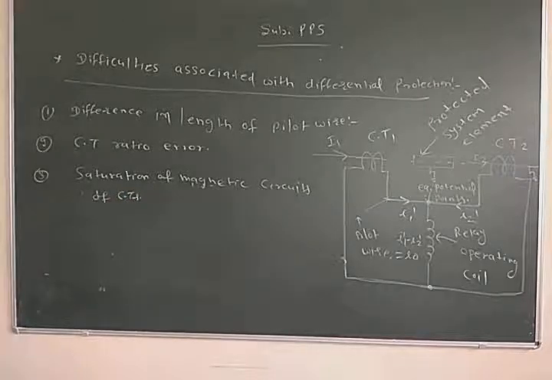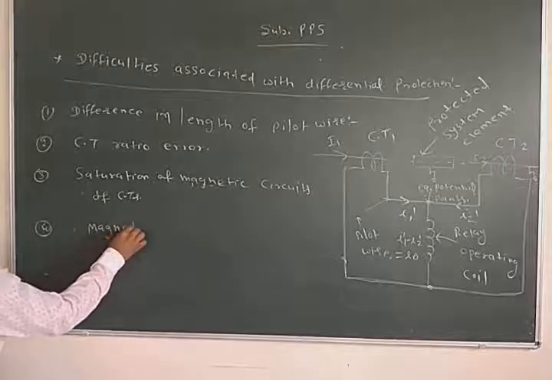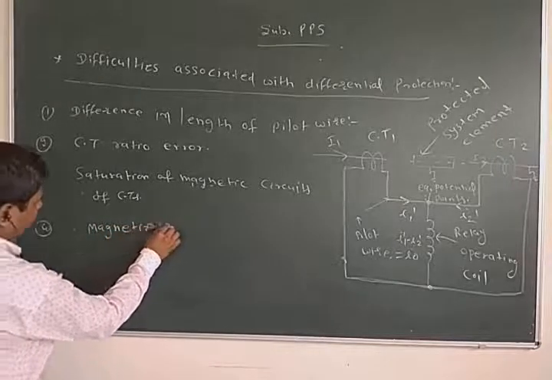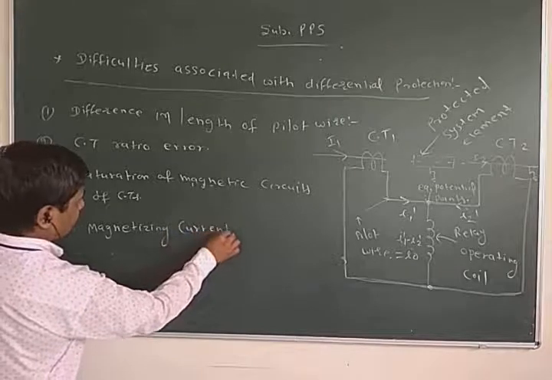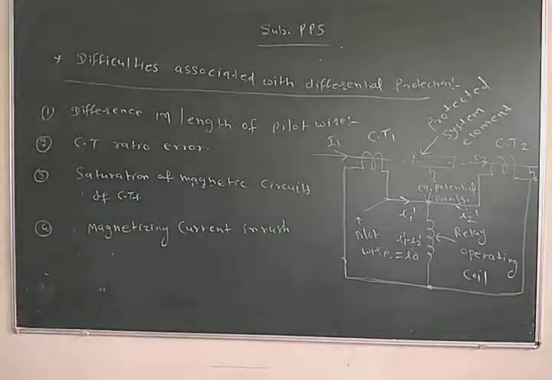And the third is magnetizing current inrush. Magnetizing inrush current means when we initially energize the transformer, the transformer draws a large current.